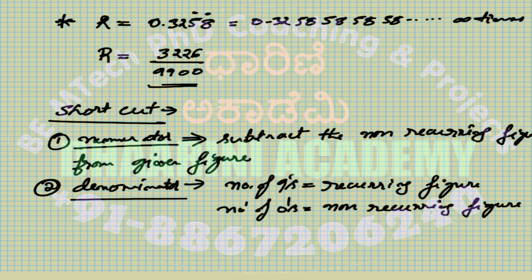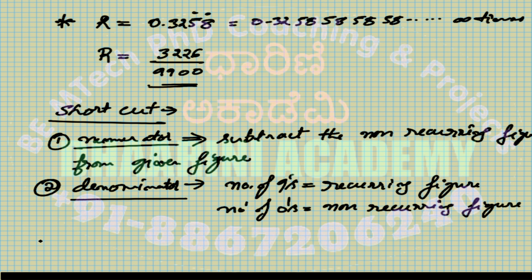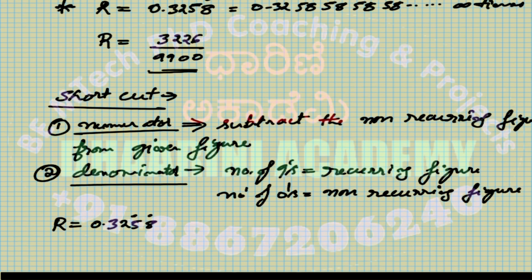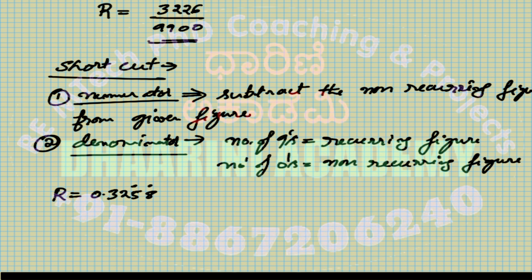So let's apply this quickly to the above problem. R given here is 0.3258. In this case, the given figure is 3258, non-recurring is 32, and recurring is 58. So let's obtain the numerator directly.